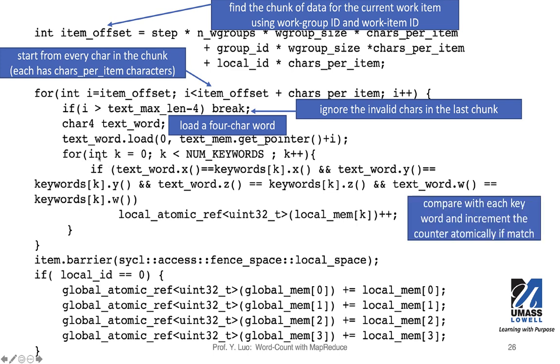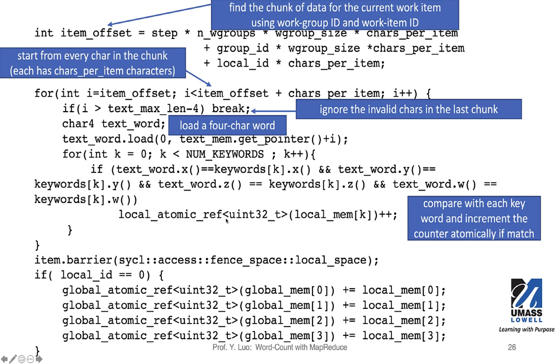And then the next for loop compares the loaded text word with all the 4 keywords. Note here we use X, Y, Z, and W to specify the individual elements in this 4-character vector. In hardware, this comparison can be done very efficiently on FPGA, because we can have multiple comparators instantiated to compare with the 4 keywords at the same time.